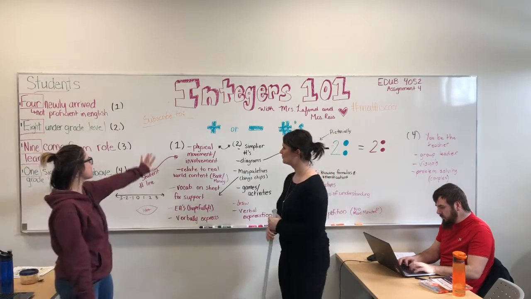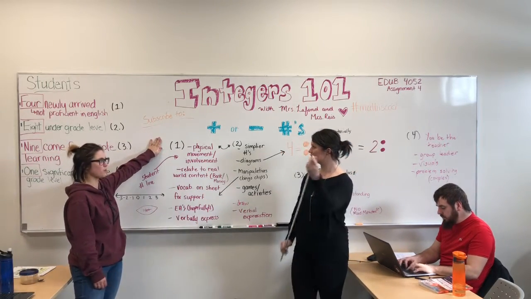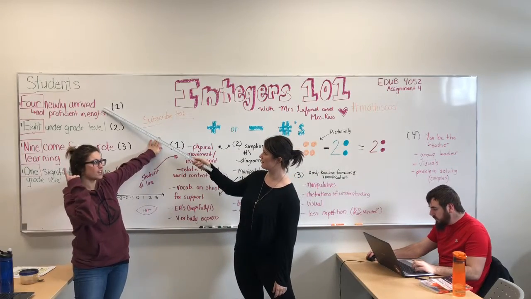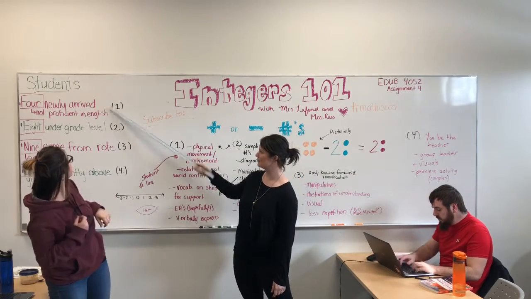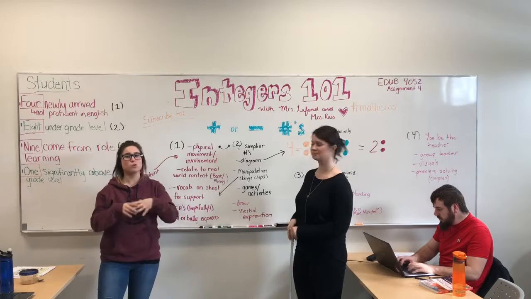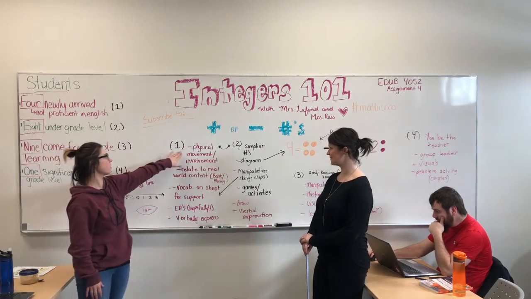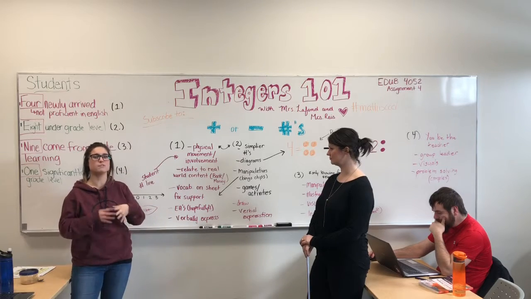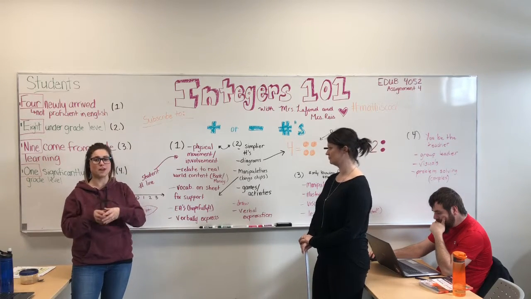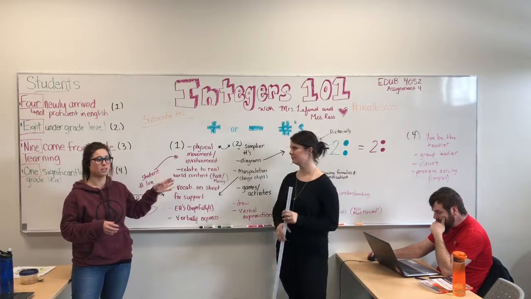Okay, so the first thing that we worked through for our differentiation in helping newly arrived students who are not proficient in English is that as teachers we decided that physical movement and physical involvement within the mathematical concept is really helpful.